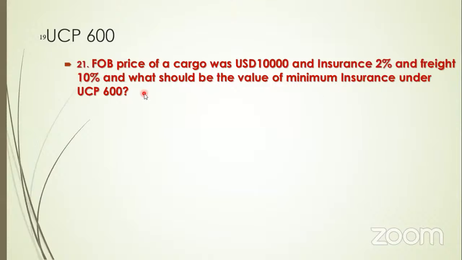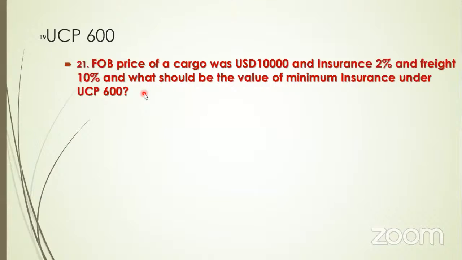This is a very important question. Ground rules for insurance, note down. Insurance should be in the same currency. Suppose the invoice is in Japanese yen, insurance also should be in Japanese yen. And the minimum value of insurance should be 110% of CIF value.